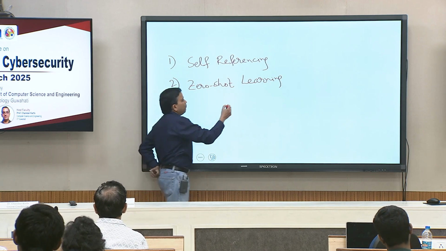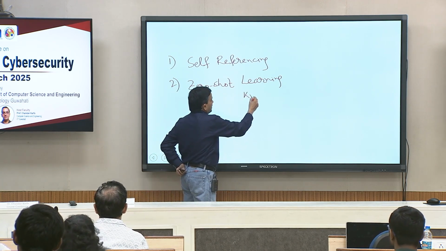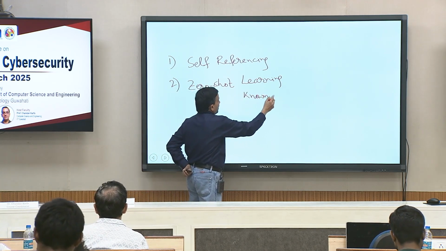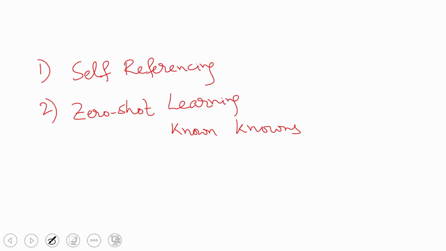So, people want to go for, if you recall, we talked about known knowns, known unknowns. Let me write that once for you. Known knowns, known unknowns, unknown unknowns.